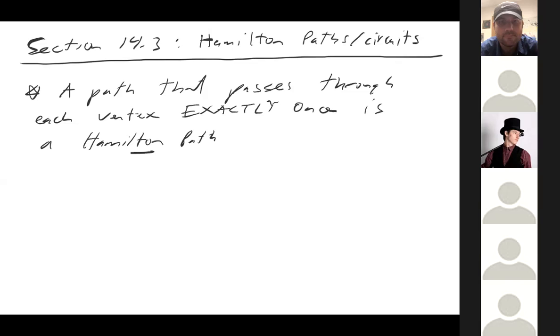So now instead of hitting every edge, which is the Euler path, we're going to hit every vertex exactly once. So we can't go to a vertex more than once.